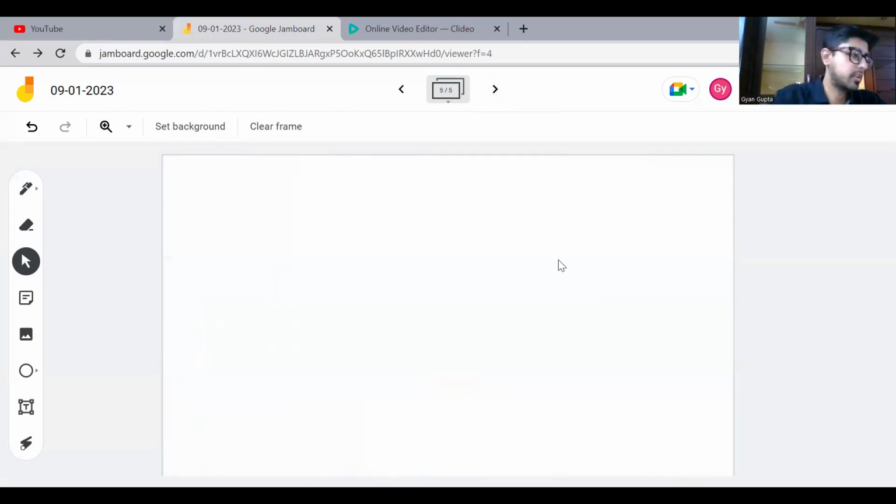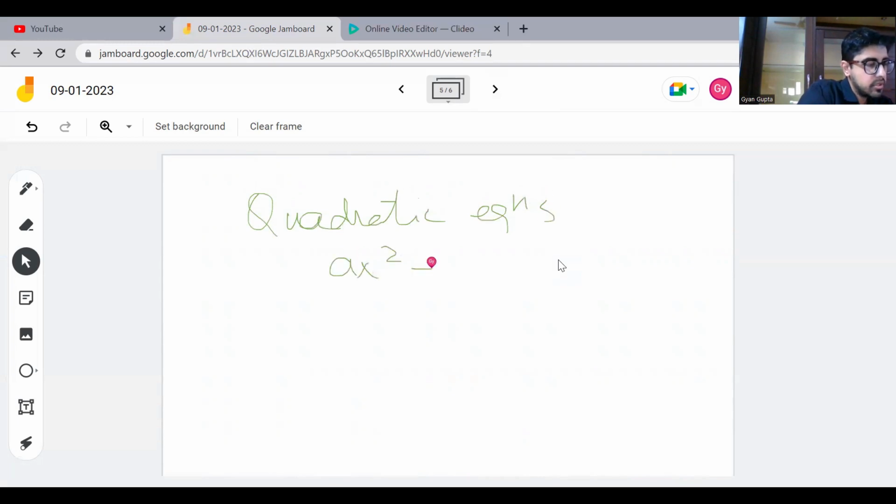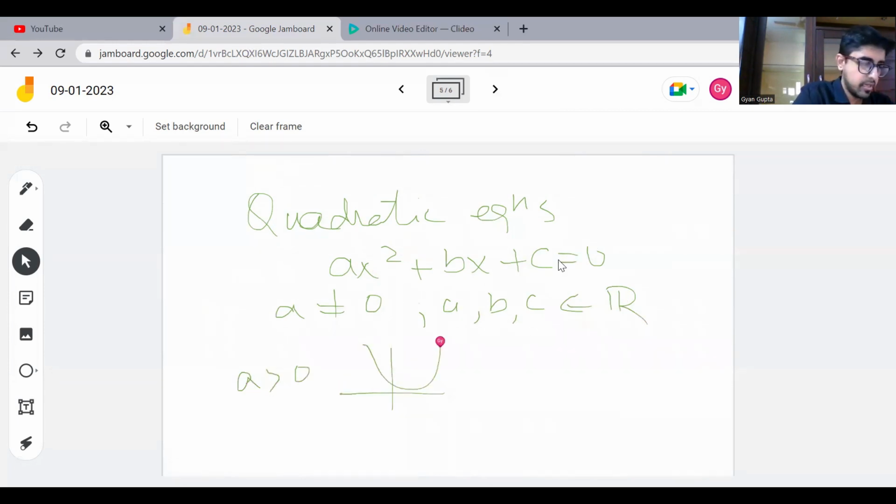All right, I will quickly summarize what we have learned so far here. Quadratic equations, ax square plus bx plus c is equal to 0, a not equal to 0, a, b, c belong to R. If a is greater than 0, then we have an upward parabola.